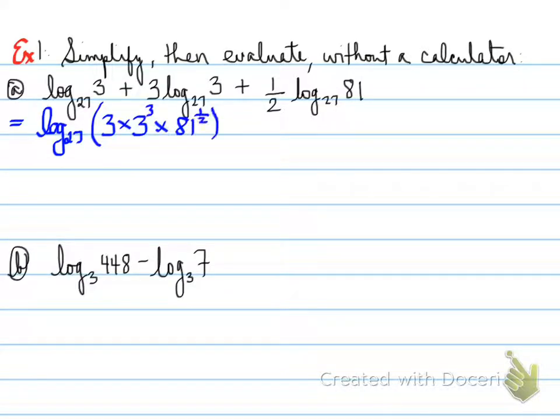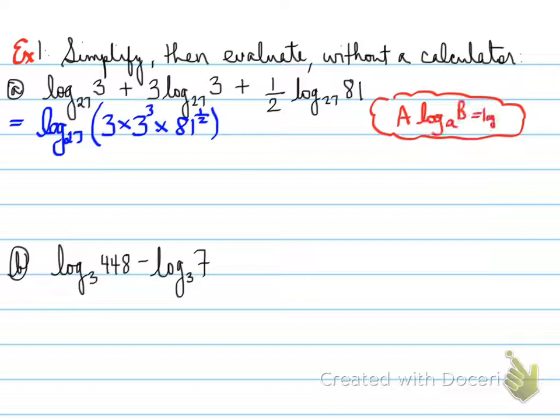The product law states the following. This is all the same base and they're all being added. So the log of the same base is equal to 3 times 3 to the 3, that converts this from a power law, times 81 to the power of a half. Again, the log with the power law is used there.